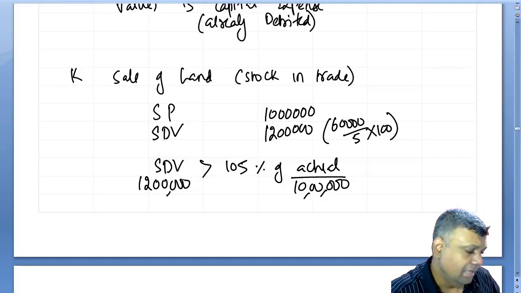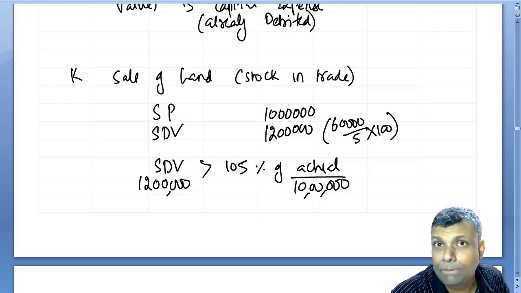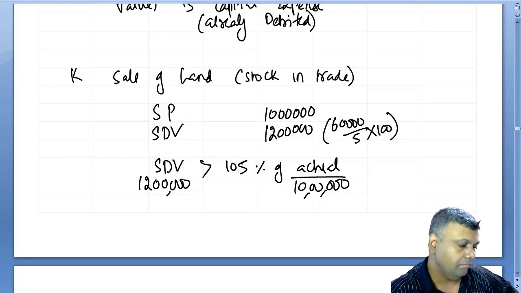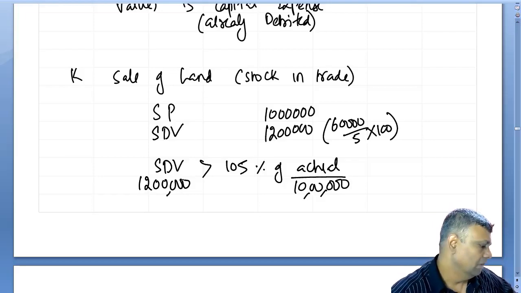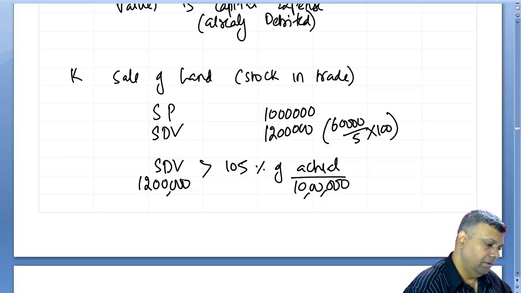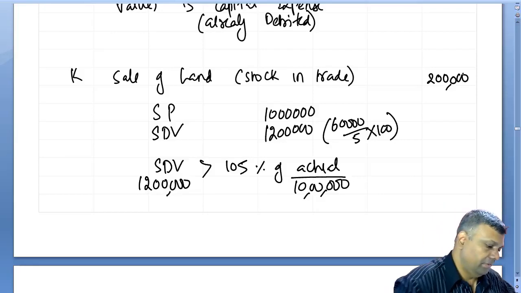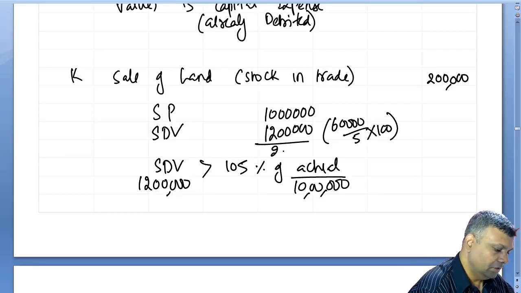But in the given case, your stamp duty value is beyond the tolerance level of the government. That's a law basically, and it is more than 105%, that means 5% differential level. So stamp duty value will be taken into consideration, and your 43CA income will be the difference, that is 2 lakh of rupees.